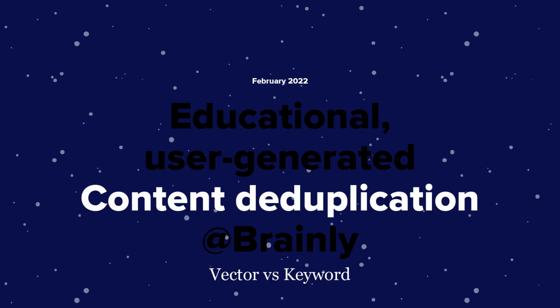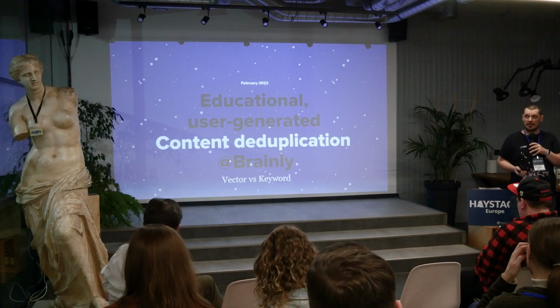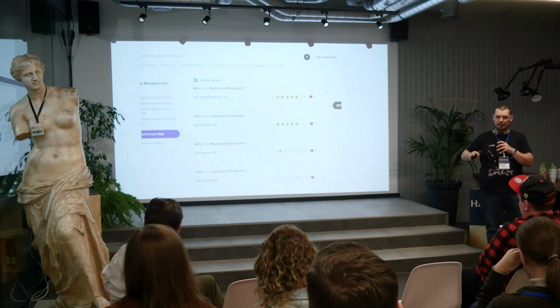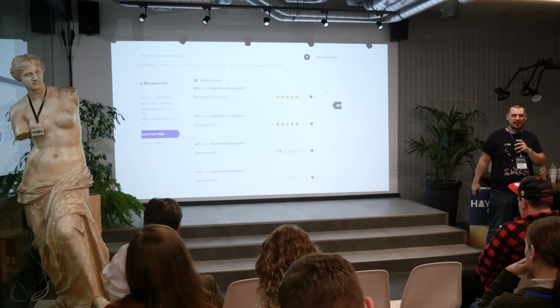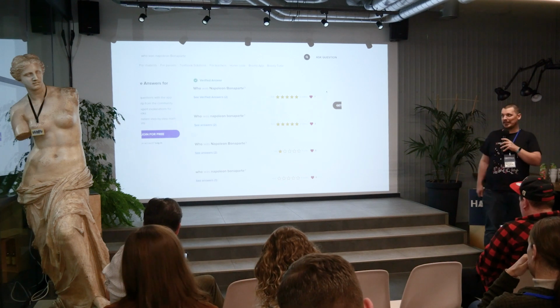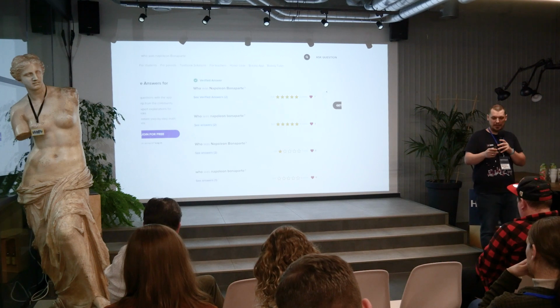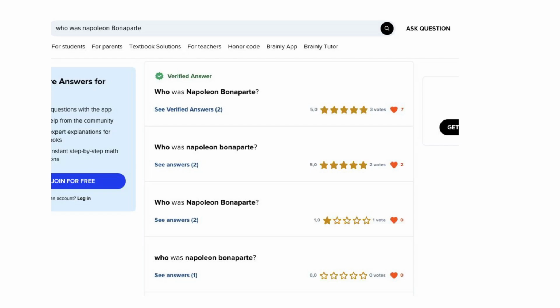So why am I talking right now about content duplication? First of all, I will show a few reasons why we want to do this. They might be relevant to you. First of all, obviously, when it comes to user experience, it's a somewhat terrible thing. As you can see in Brainly, the maximum number of answers you'll see here is 2, and that's by design on Brainly.